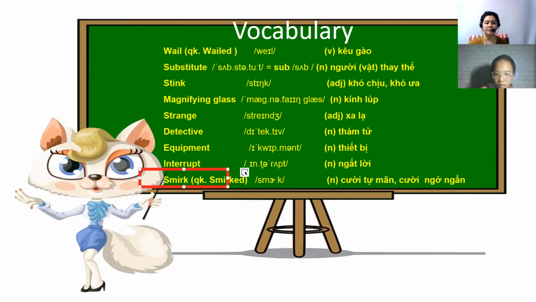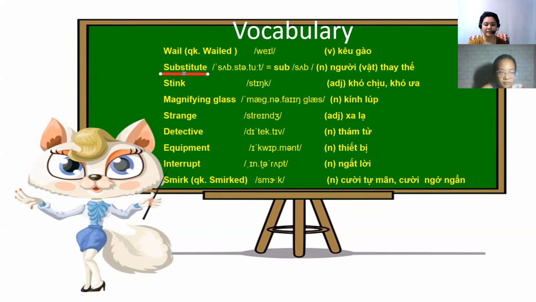Out of the nine words, there are some words that you mispronounce. Okay? This is read as substitute. Substitute. All right, one more time. Substitute.